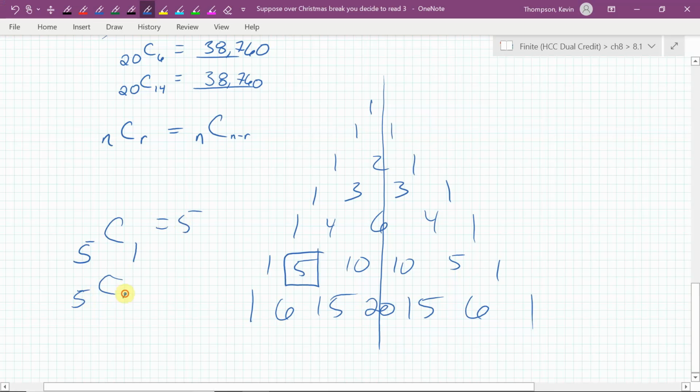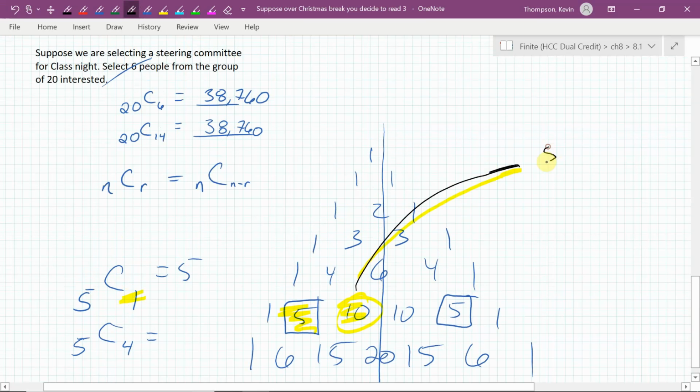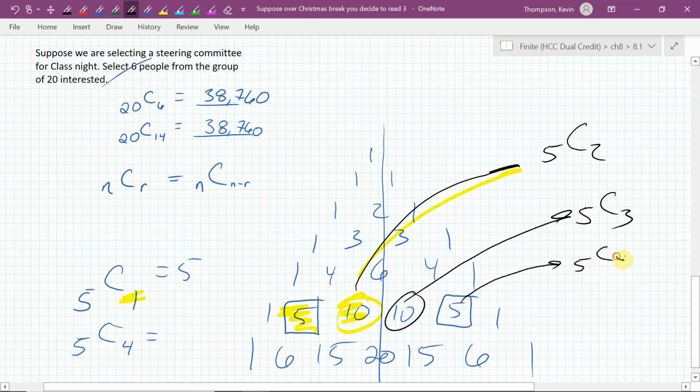What is 5 choose 4? It's got to be 5. That's actually this 5 here. So this is going to correspond with the value of 1, and then this must be 5 choose 2. This 10 right here. So this is actually 5 choose 2. This would be 5 choose 3. This would be 5 choose 4. This must be 5 choose 5.